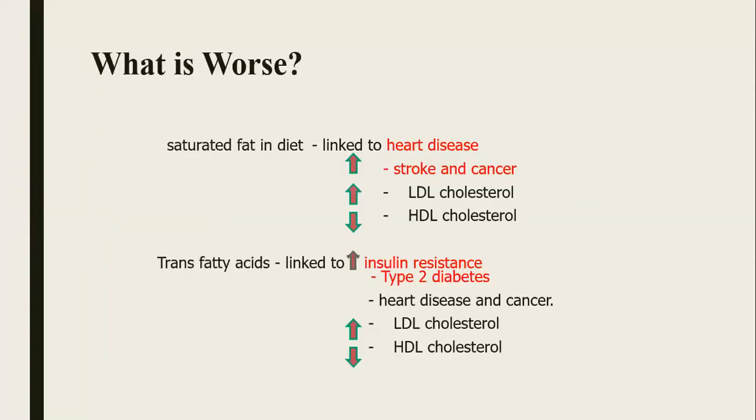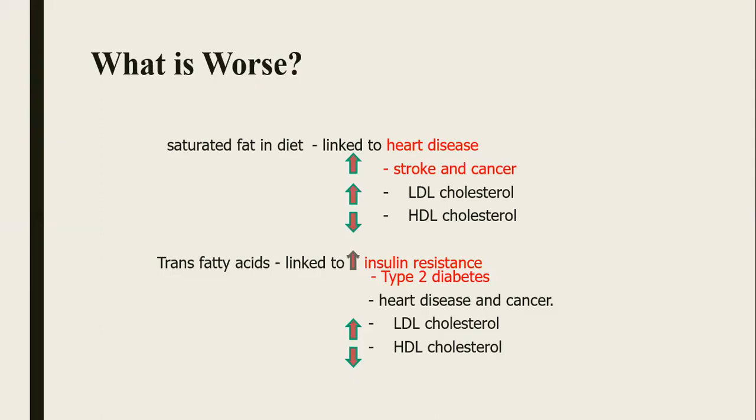So this is the summary. Saturated fatty acids are linked with heart disease. Saturated fatty acids increase risk of stroke and cancer. They increase LDL cholesterol, and they decrease HDL cholesterol. Trans fatty acids have almost similar effect.